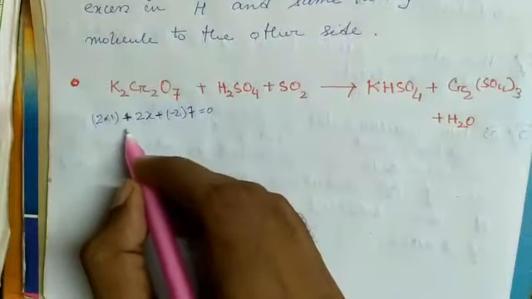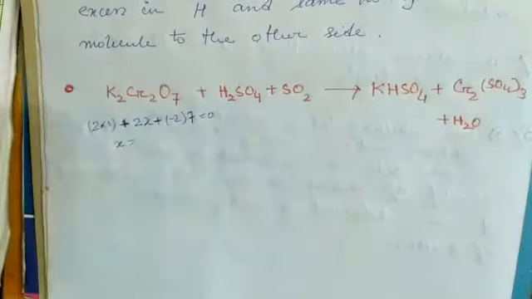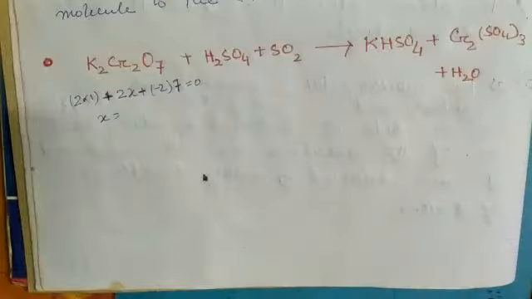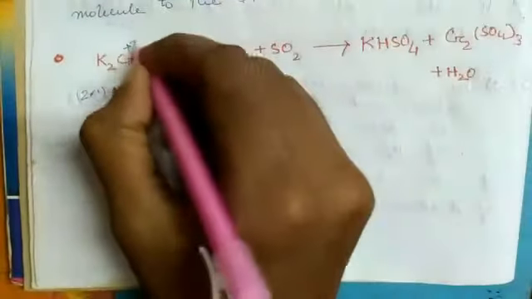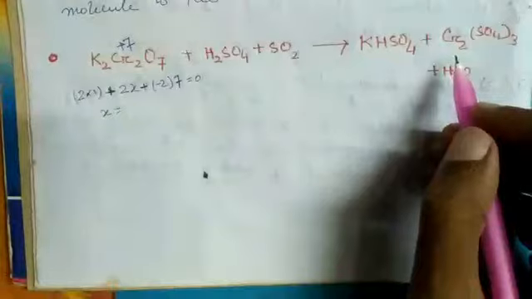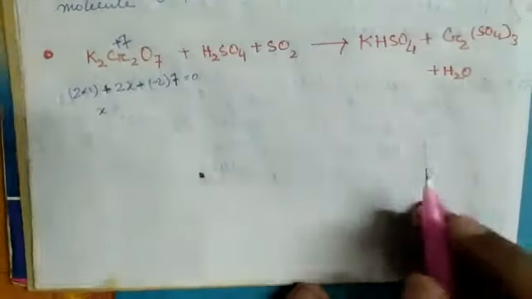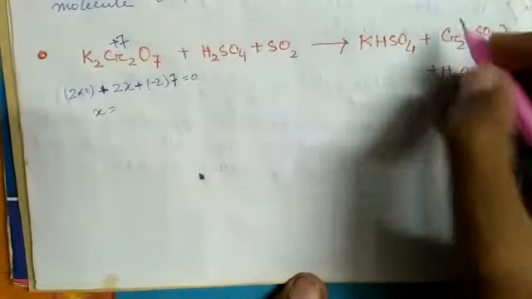So x is equal to plus 6, and here chromium has oxidation number plus 3.